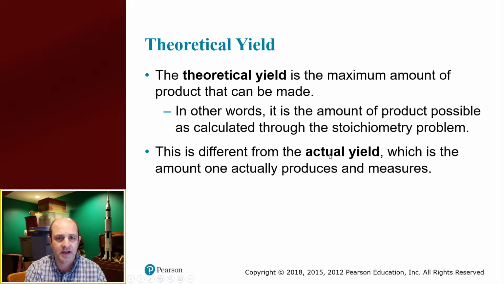Or maybe there are side reactions where we want this one product, but there's a chance of another product being made instead. So there are lots of reasons, even when you haven't really messed up yourself. But the theoretical yield is what the stoichiometry math says you should get. The actual yield is what the lab says you got.